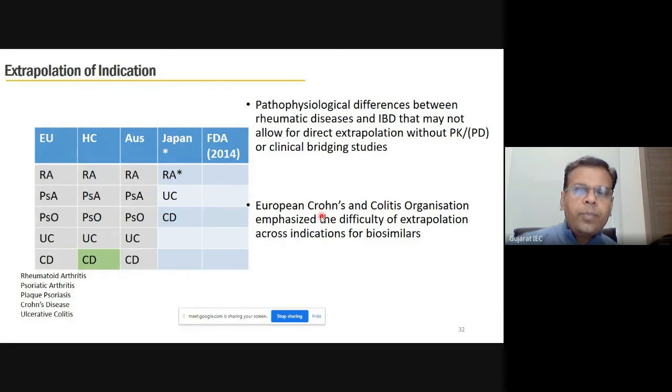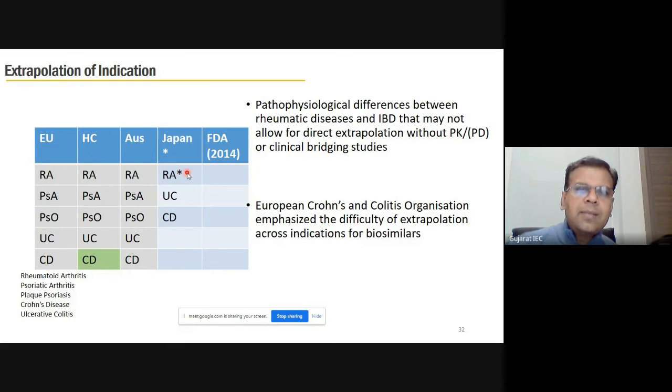Now, Europe's Crohn's and colitis organization emphasizes the difficulty to extrapolate across indications. They have raised a concern, and that's the reason you may not be able to extrapolate to the other indication. You may have to do a separate study for Crohn's disease to prove that the drug is effective in Crohn's disease.